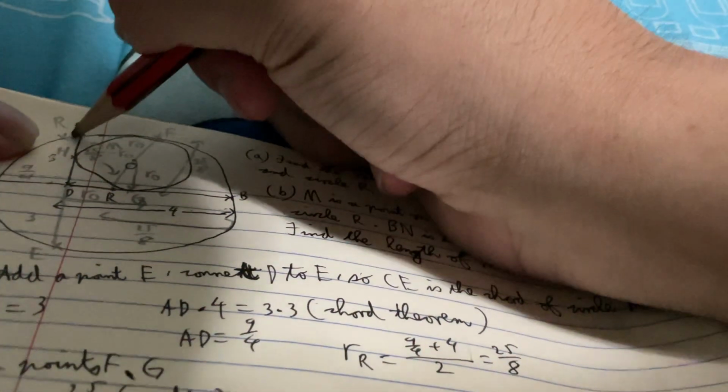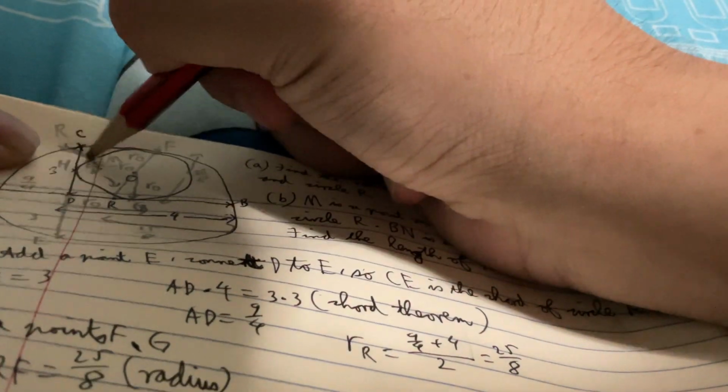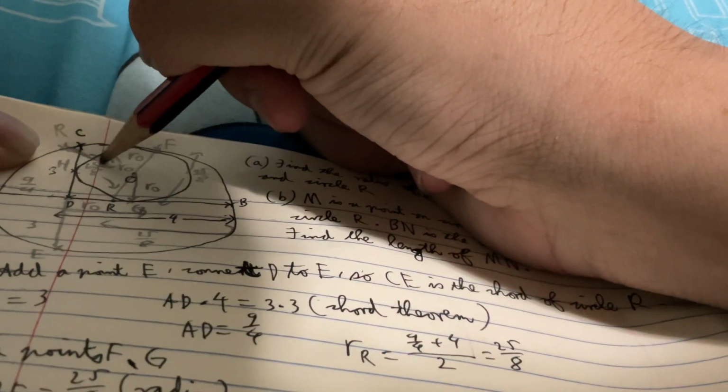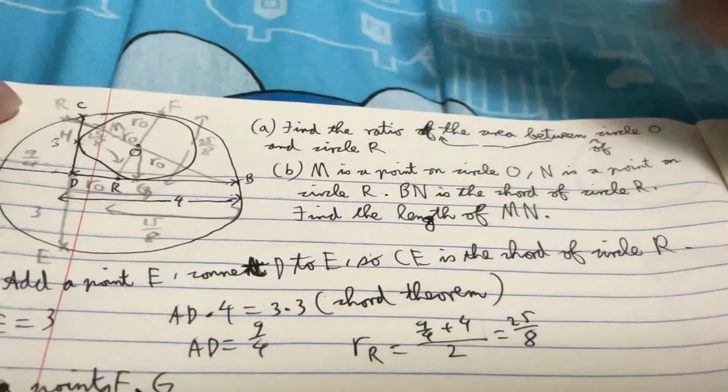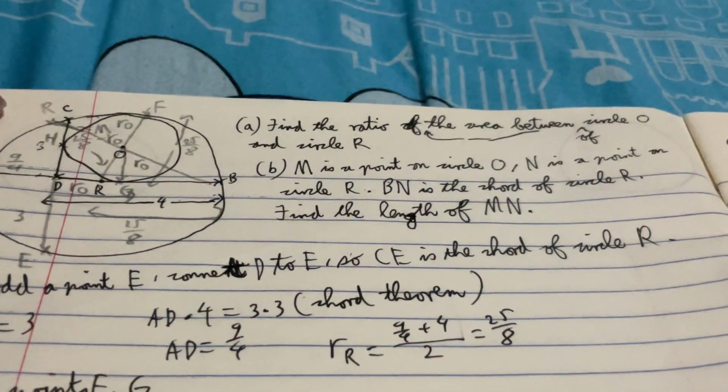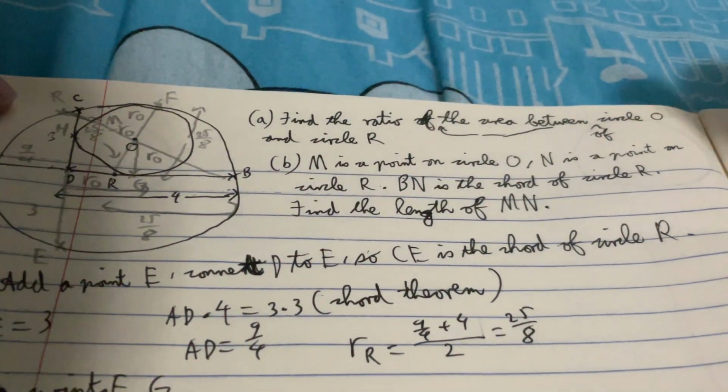I'm going to consider this straight line here, and then our N.